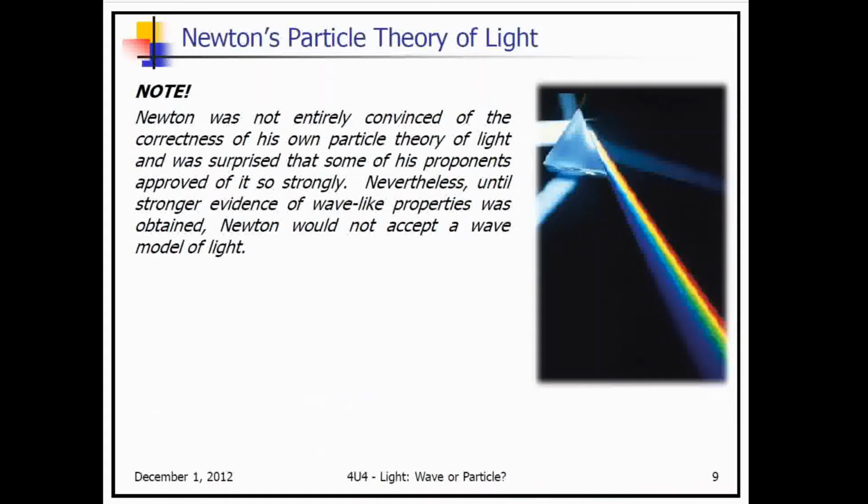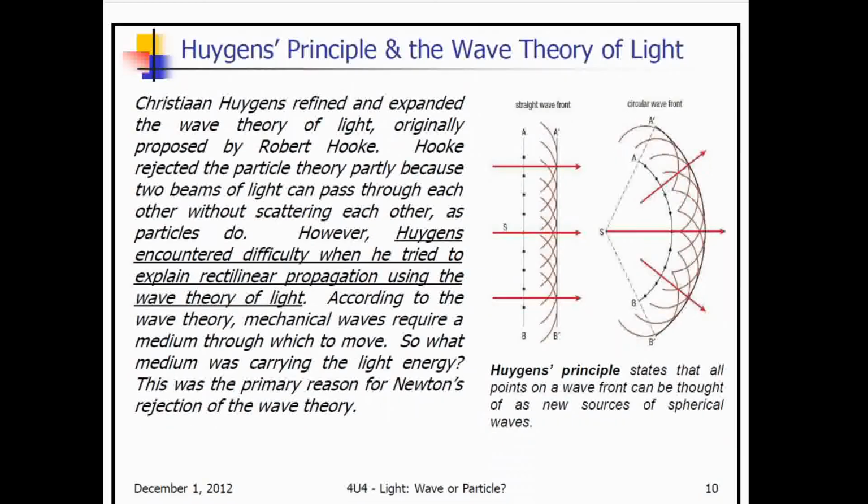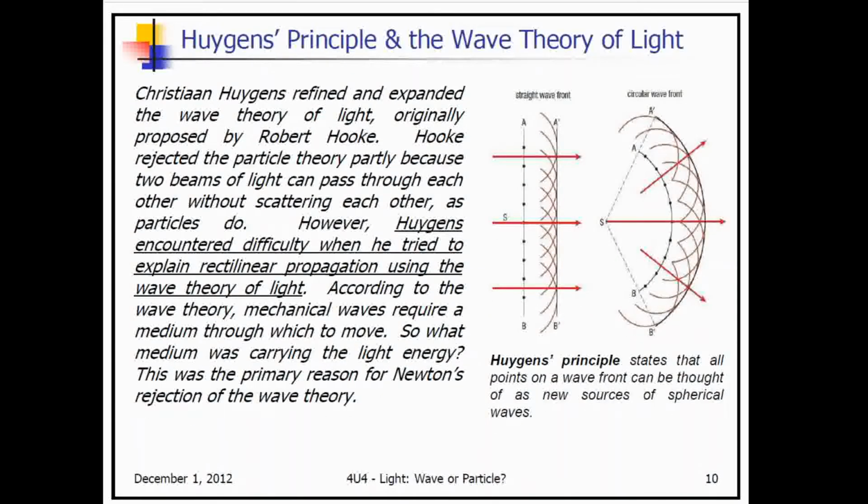And because of, again, his stature in the community, people ended up following Isaac Newton's theory more than Huygens or Hooke's wave theory of light. So we'll go into now Christian Huygens and Robert Hooke and how they define this wave theory of light.